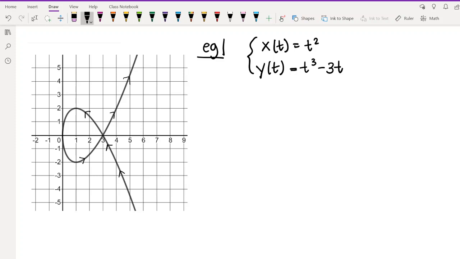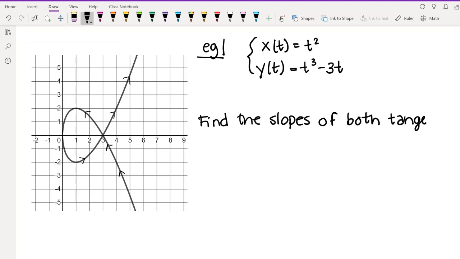So what I want to do here is find the slopes of both tangent lines at the point (3, 0).